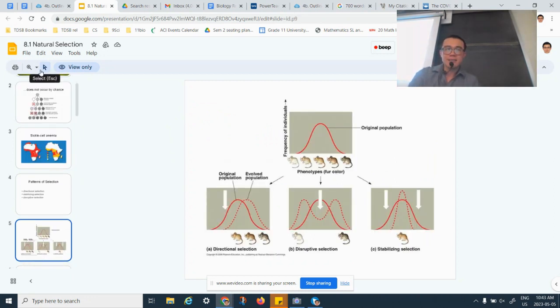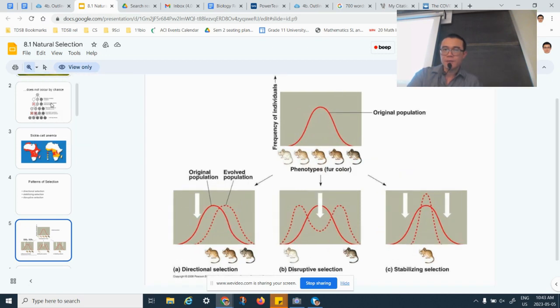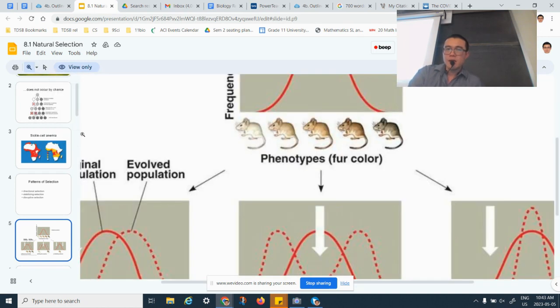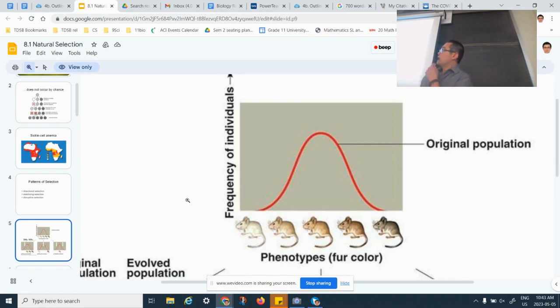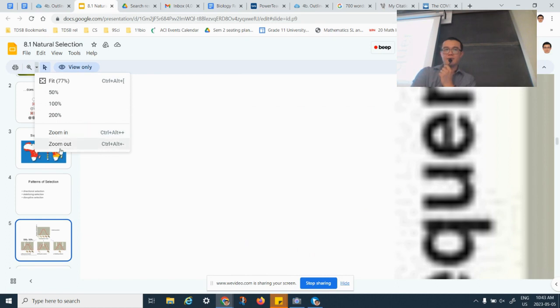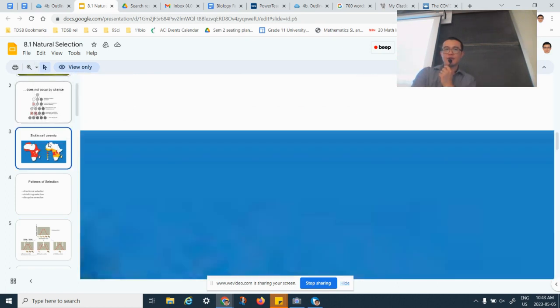Now, this is what a lot of times people call the bell curve or the normal distribution curve. Typically in most populations, you have a lot of individuals that are kind of average in the middle.